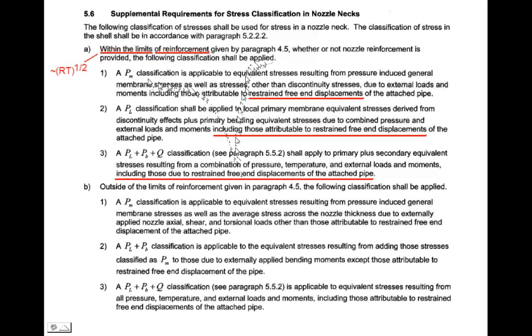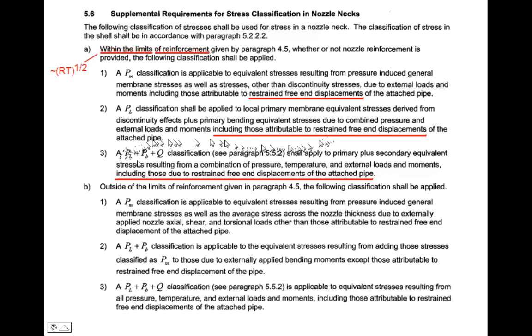We have a PM classification that is essentially M over Z, no stress concentration, no discontinuity, and no I factor, that includes the restrained free end displacements. We have a PL classification that is the local membrane stresses, as we saw previously, that include the effects due to restrained free end displacements, i.e. thermal expansion of the piping system.